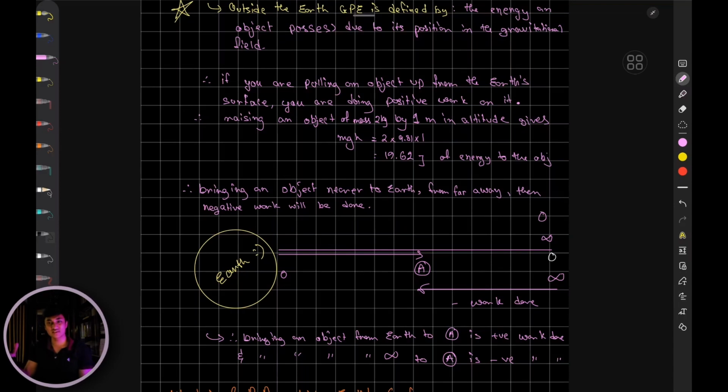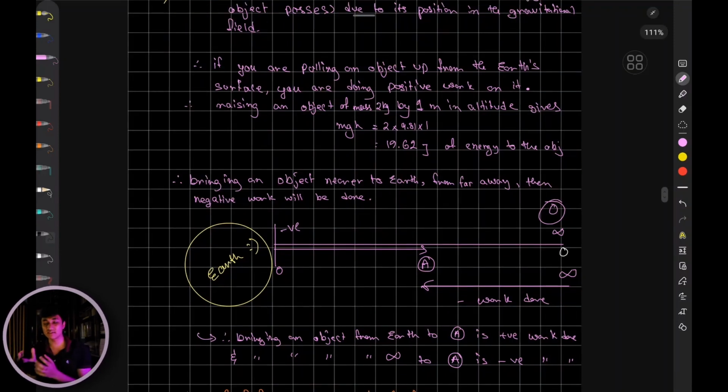So, granted, we understand that at infinity, the gravitational potential energy is 0. We can say near the surface, the gravitational potential energy has to be negative. Why?